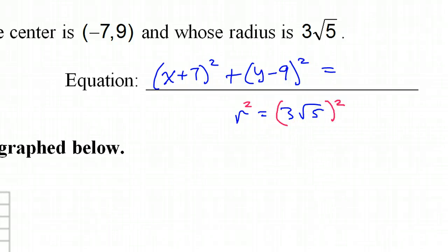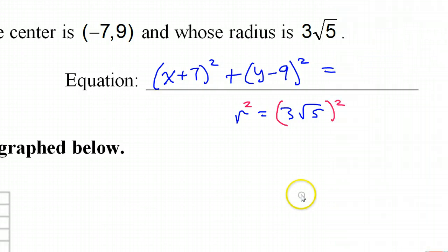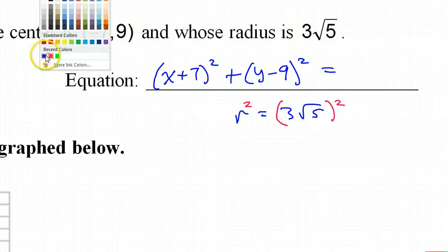It's going to be 45, but you should use a calculator. So I've got 3 radical 5. Please make sure you use parentheses. Squared. So that's going to be 45. And that is it.